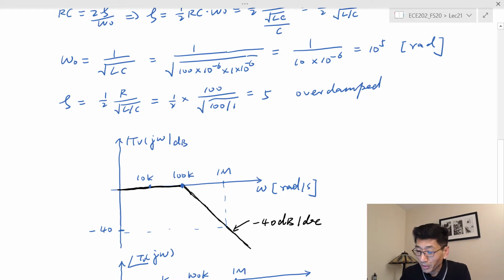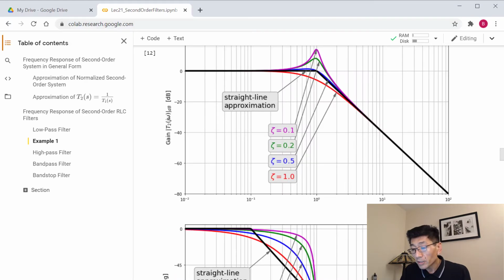We know this is not going to be accurate, because in the actual plot from the Python code, the red one is for zeta equal 1.0. If zeta equals 5, I'm expecting the line is further down, so we are looking at further attenuation.